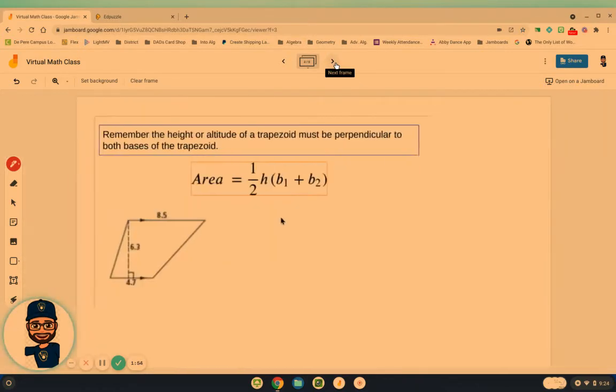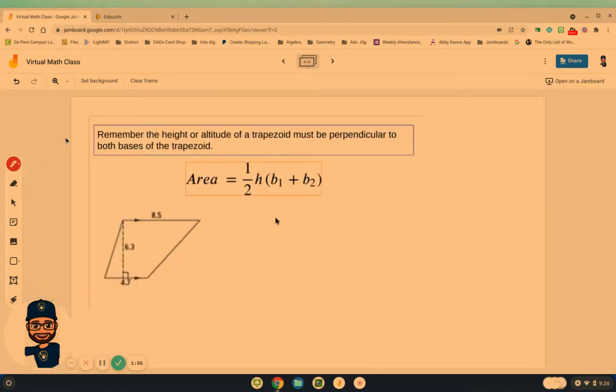So let's take a look at an example where we're trying to find the area of this trapezoid. So again, this line on top is parallel to this line on bottom. Therefore, this on the inside, because they're parallel, this makes that 90. This is our height.